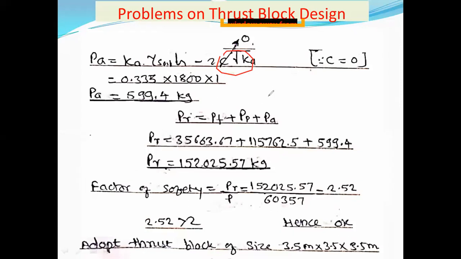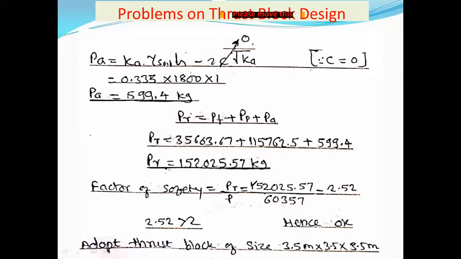Now you got all the three forces, that is passive earth pressure, active earth pressure, and frictional resistance. Do the addition of this and you will get the total resistance offered by the thrust block, and its value is coming 1,52,025 kg.